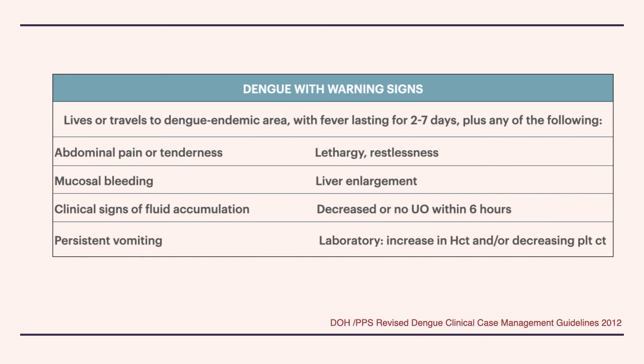Dengue is classified with warning signs if the patient lives in or travels to a dengue endemic area with fever lasting for 2 to 7 days plus any of the following: abdominal pain or tenderness, lethargy or restlessness, mucosal bleeding, liver enlargement, clinical signs of fluid accumulation, decreased or no urine output within 6 hours, persistent vomiting, and laboratory increase in hematocrit and or decreasing platelet count.